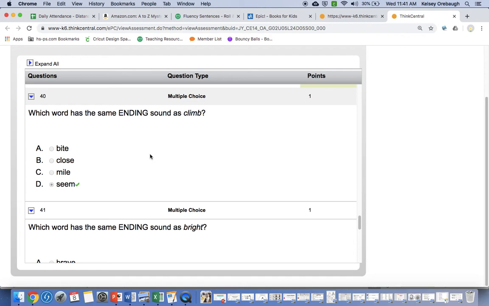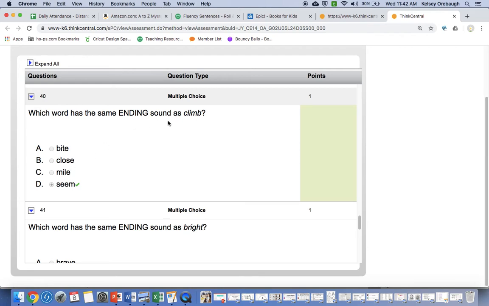40. Which word has the same ending sound as climb? Once again, we see that MB, silent B. Climb ends in the M sound. Let's look at our choices. Bite, T. Not the same ending sound.